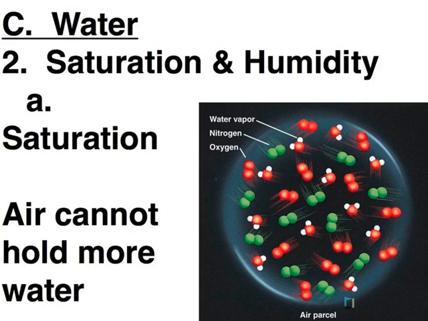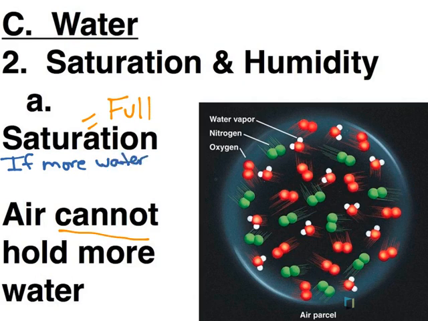Starting with saturation. If you think about something being saturated, it's essentially full. So when the air is saturated, it can't hold any more water, which means that if more water evaporates, some water must leave the air.